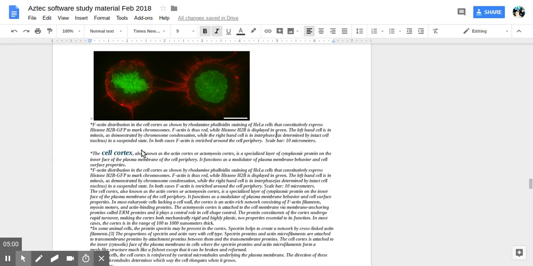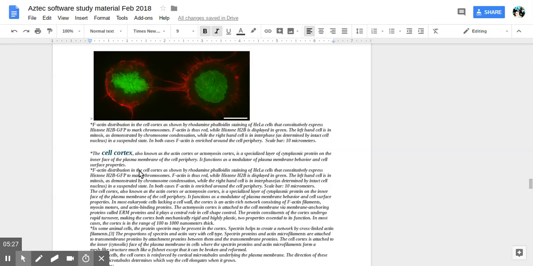So the cell cortex is another name for part of the cytoskeleton. It is defined as either the actin cortex or actomyosin cortex. It's a specialized layer of cytoplasmic protein on the inner surface of the plasma membrane at the cell periphery.